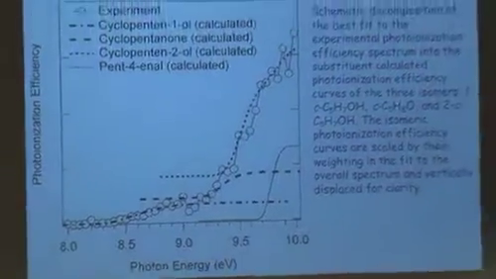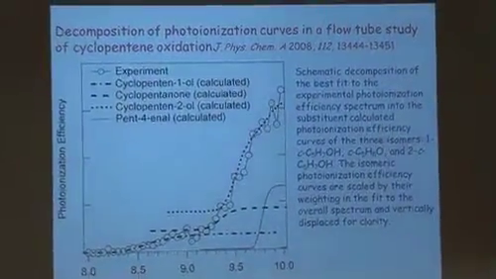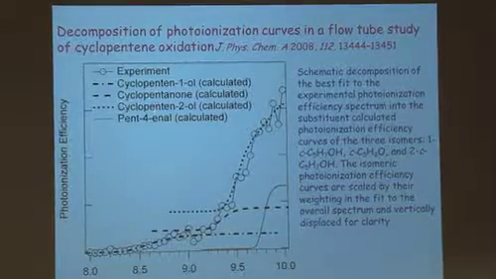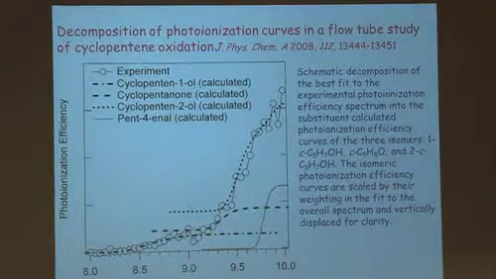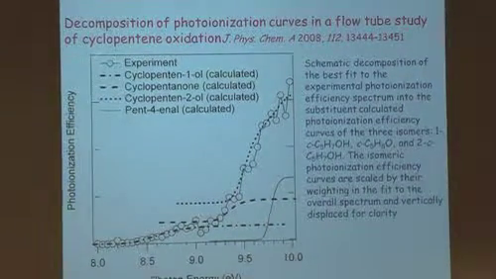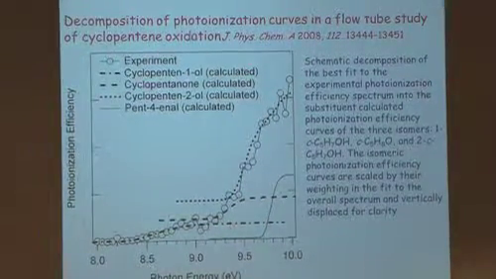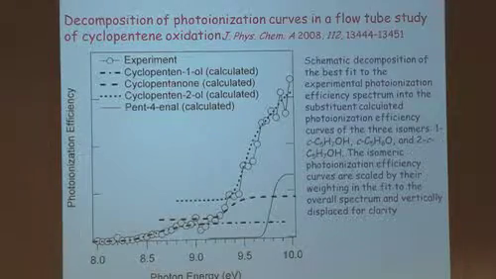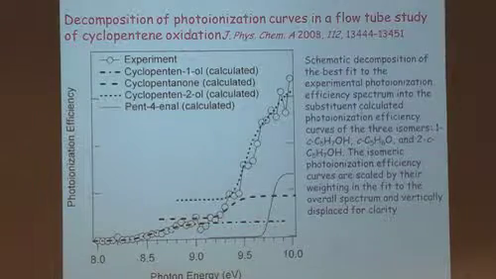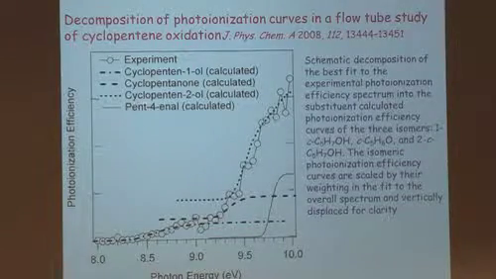And so this is another example from the work that they've done, looking at a fairly complicated mixture of systems. So this is cyclopentene oxidation and looking at different species: cyclopentene 1-ol, cyclopentanone, cyclopentene 2-ol.